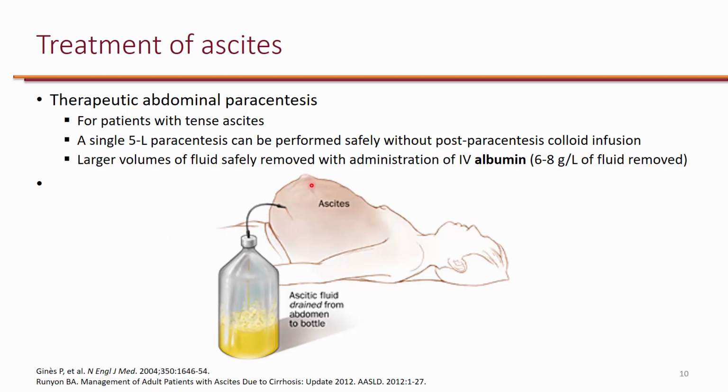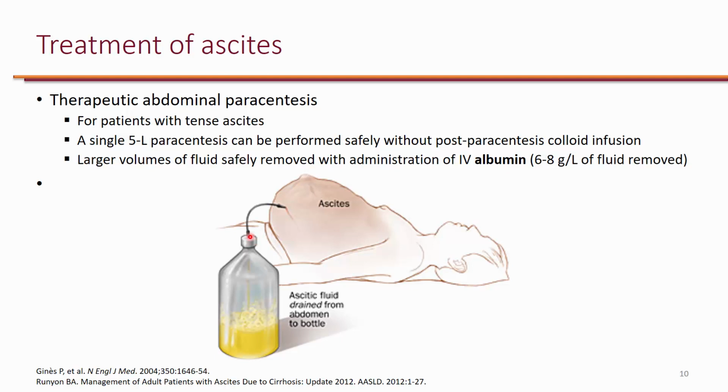So if someone has so much fluid that diuretics are not enough, then you can physically remove the fluid. This is different than diagnostic abdominal paracentesis. For diagnostic, you typically take like 30 to 50 milliliters, whereas with therapeutic we're talking about liters of fluid. And it's usually based on how much weight the patient has gained.